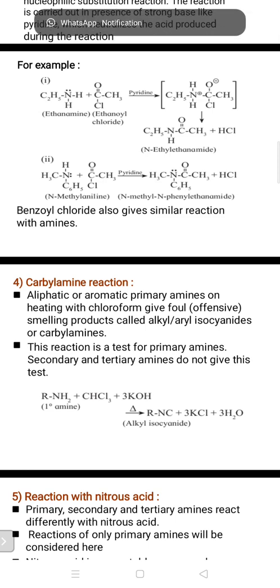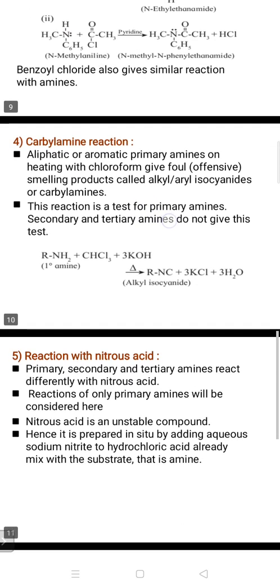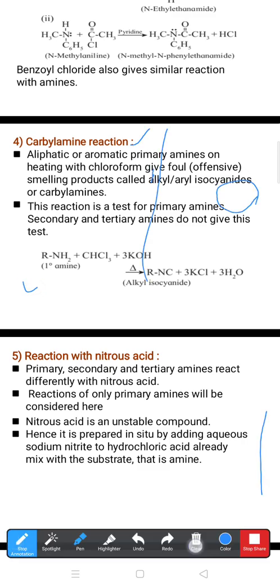Secondary and tertiary amines do not give such a test. Actual reaction: RNH2 means primary amine, with chloroform along with KOH. By heating, we'll get RNC, alkyl isocyanide, plus 3KCl and 3H2O. This alkyl isocyanide is also called carbylamine. That's why this reaction is called the carbylamine reaction.